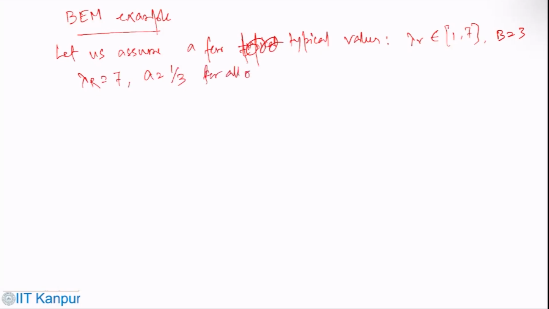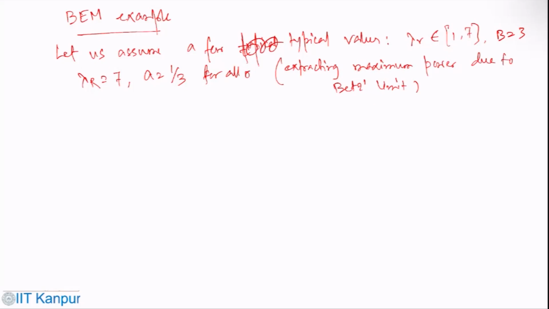for all r. Here the consideration is that we are trying to extract maximum power due to Betz limit. Okay, so this is what we are trying to do.